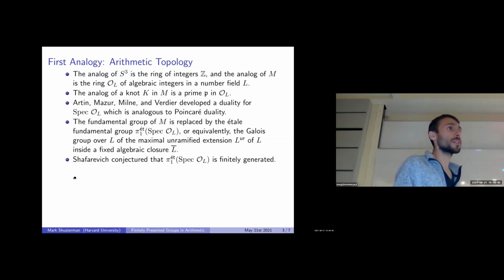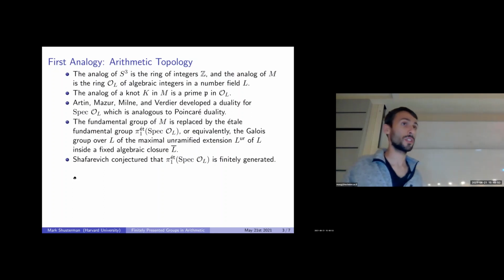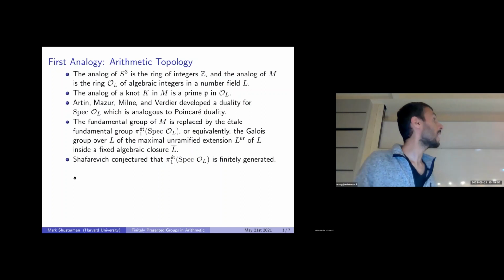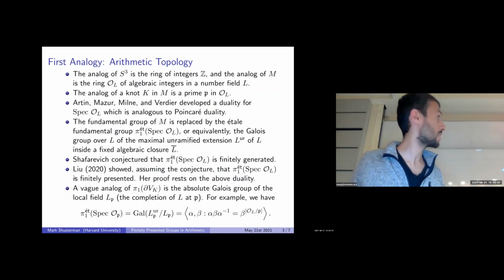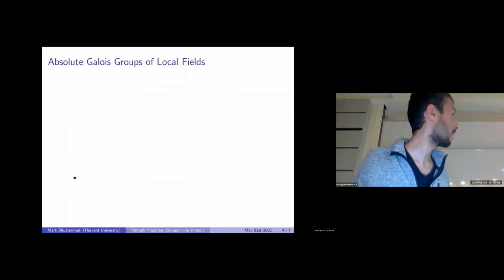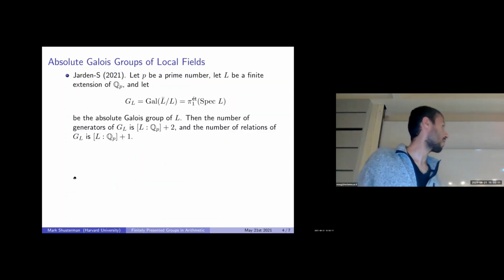But our result is about a local field. So we did not make progress, and I don't yet know how to make progress in this conjecture of Shafarevich's. Yeah, it's about the completion of L, exactly. So our result is resolutely local. And this conjecture is quite old by now, and still no one has resolved it.